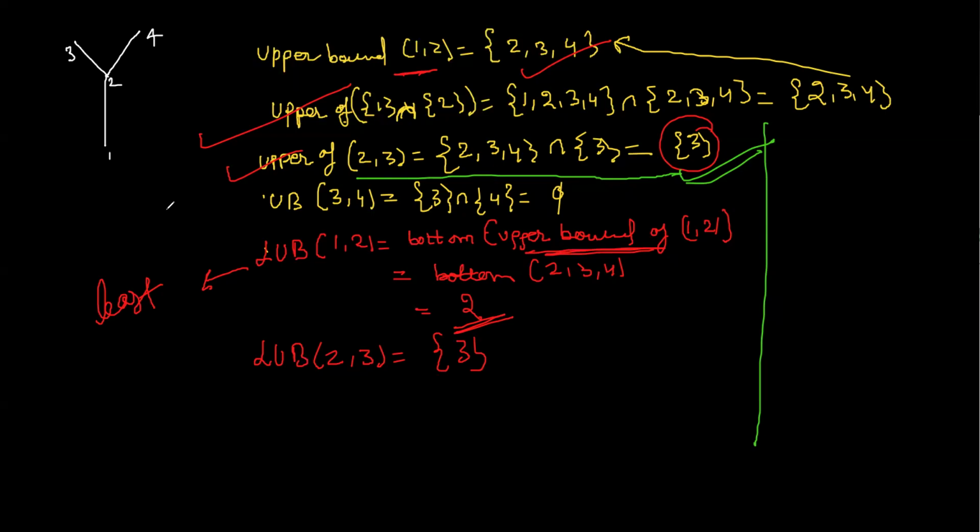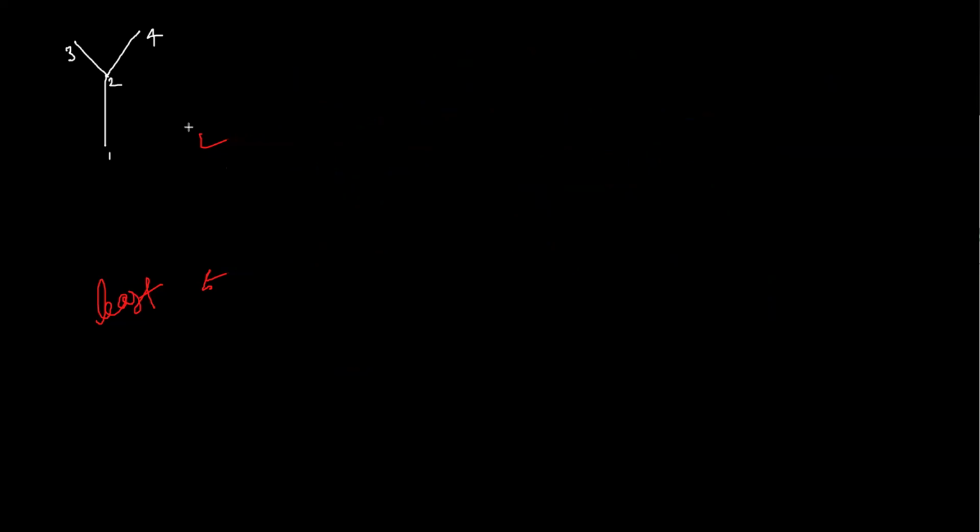Now see. Lower bound of 1, 2, 3, 4 means what? Lower bound of 3 intersection lower bound of 4.